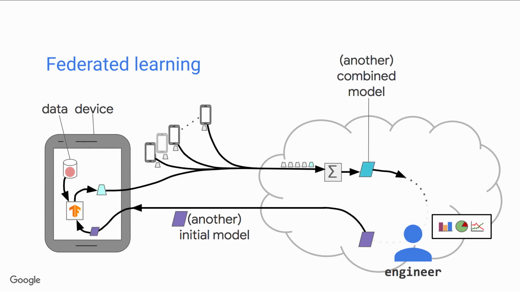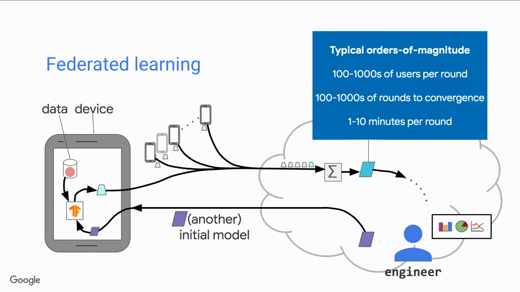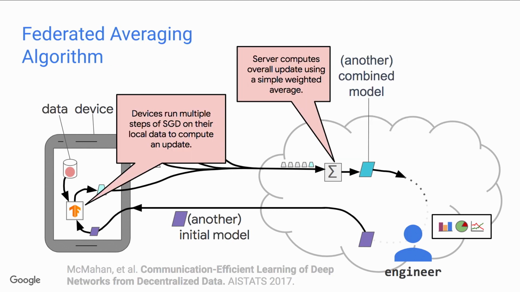Again, intermittently, the model engineer will do evaluation and decide when they've reached a good model. So typical orders of magnitude here: we might use hundreds to thousands of devices per round. We might need thousands of rounds to reach convergence. And each of those rounds might take some number of minutes to complete. So in practice, you're looking at probably a few days to train your model with federated learning.